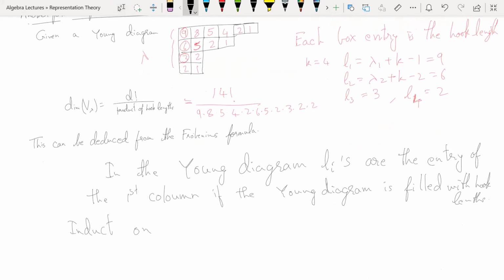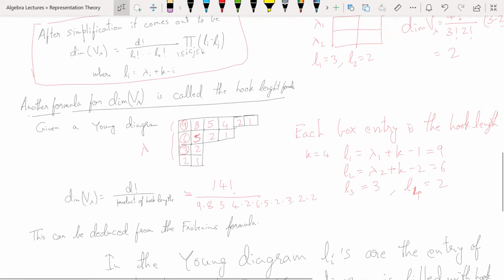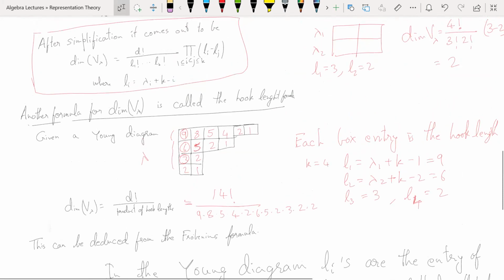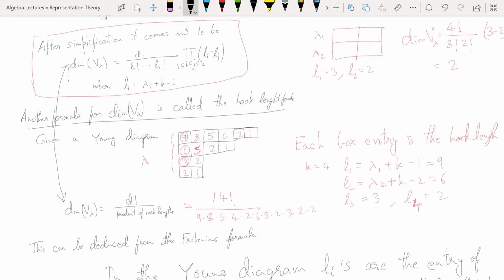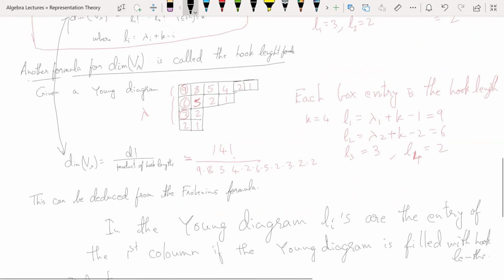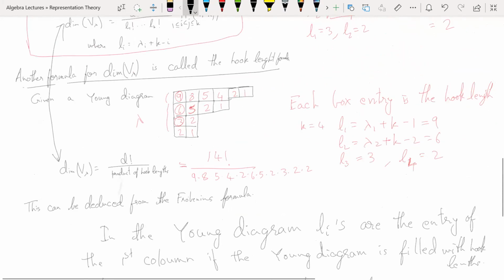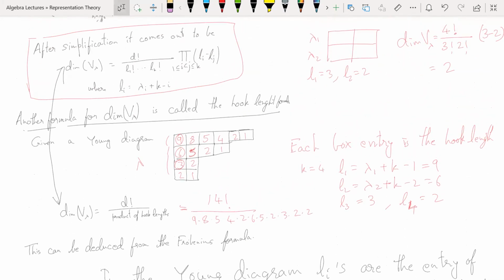We want to prove that these two formulas are the same. To do that, we can induct on the number of columns of lambda.